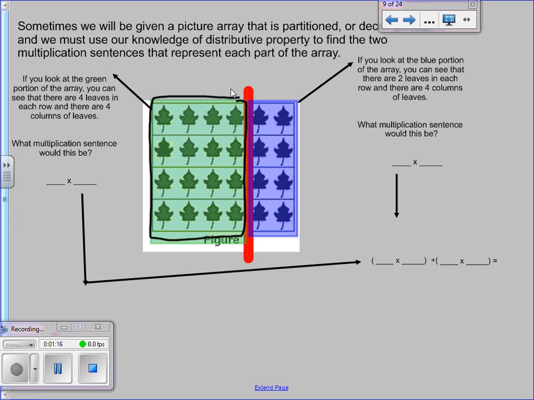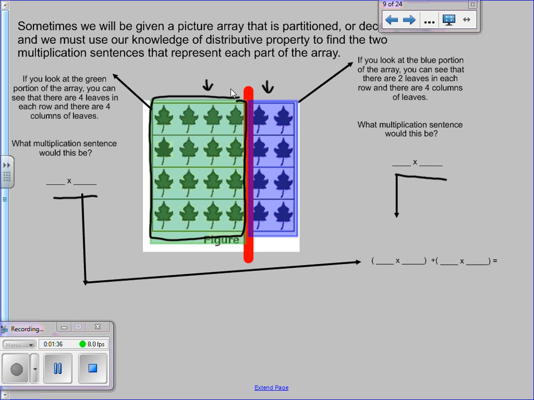As you can see, there's a green section and a blue section, and each of those represent the two distributed parts, multiplication equations that make up the whole distributive property. So first we're going to figure out what multiplication equation goes with the green portion of the array.